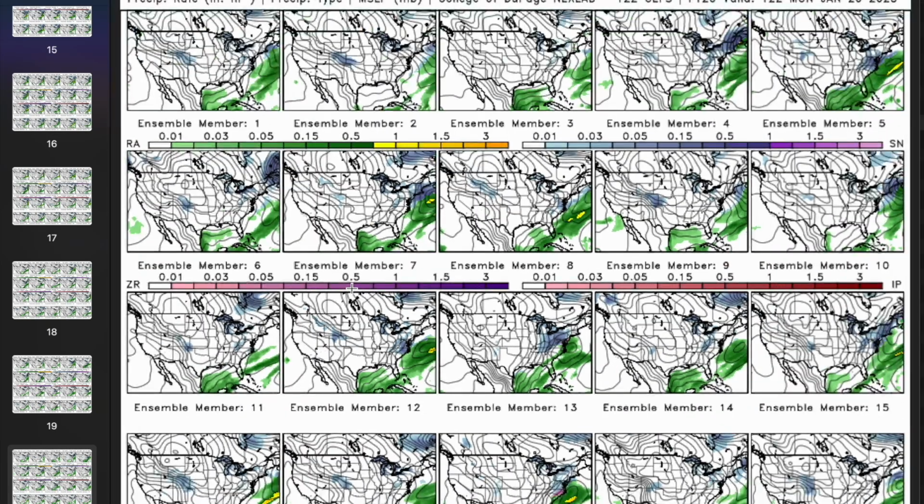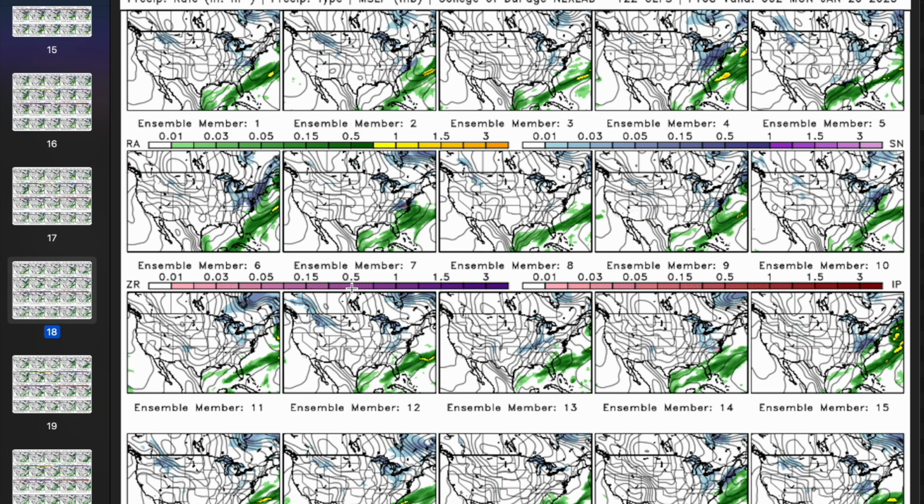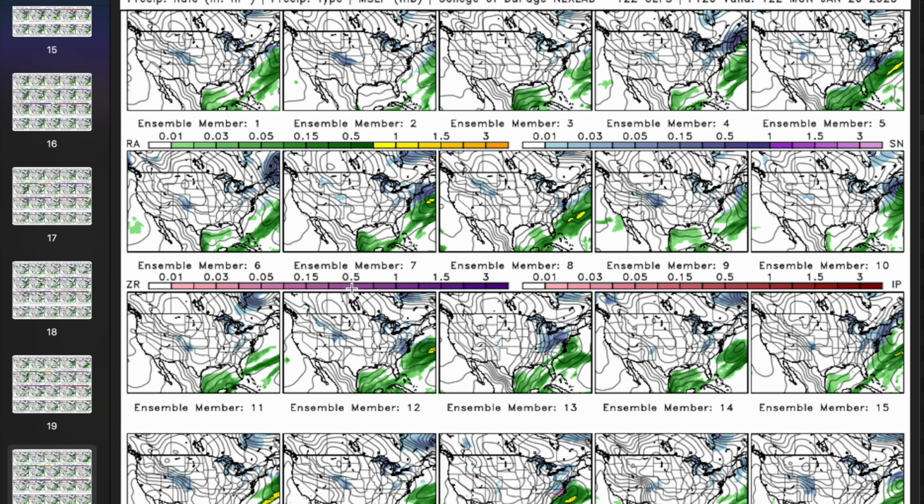So this is conditional. And what that means is, if you are a snow lover in the southern Appalachians and even in the mid Atlantic or southern New England, if you want snow, then you are pulling for cyclone genesis to be induced as cold air is infiltrating the United States. If it doesn't happen, no snow.